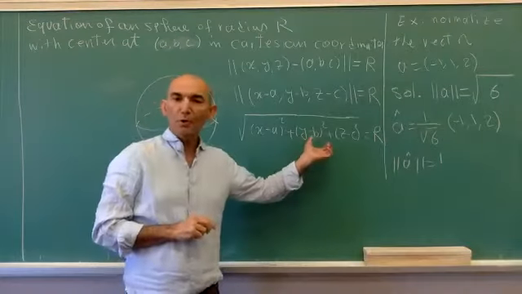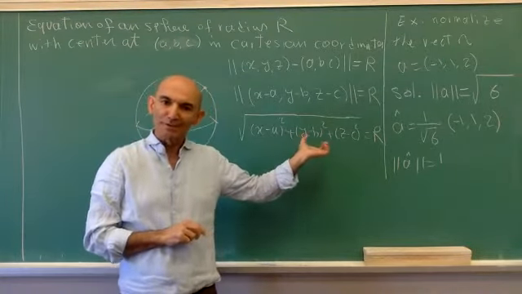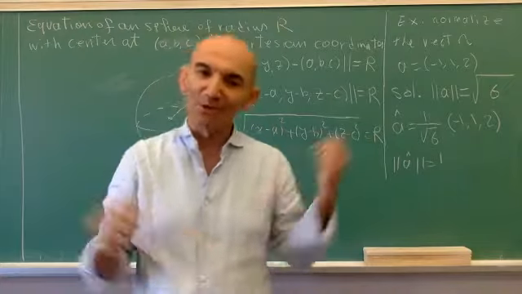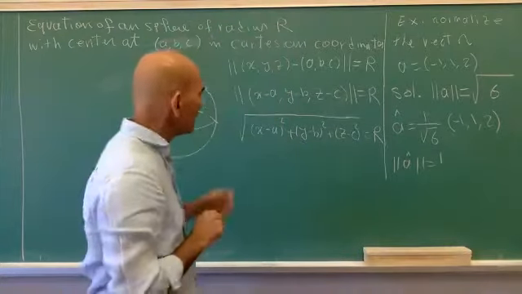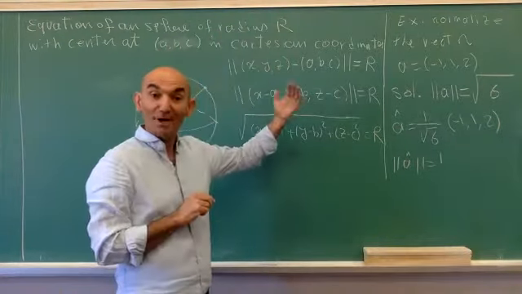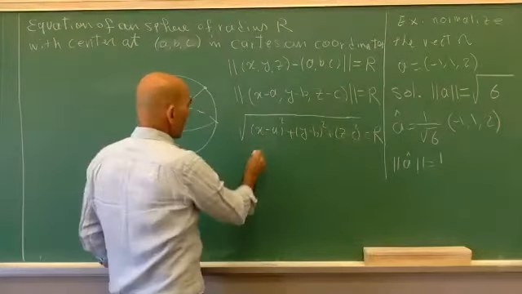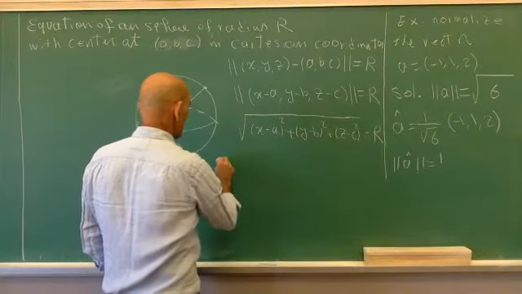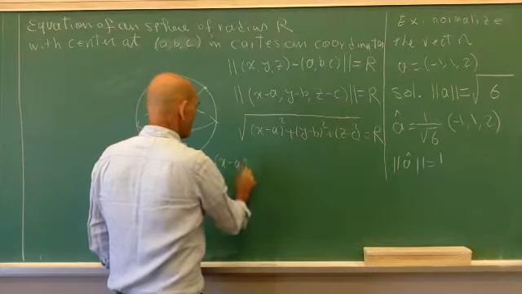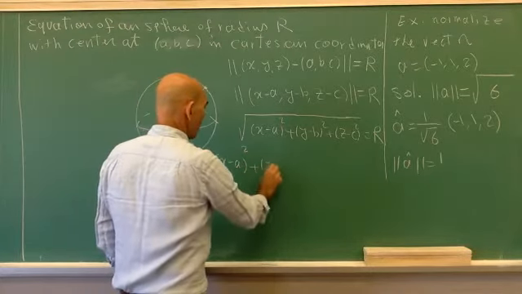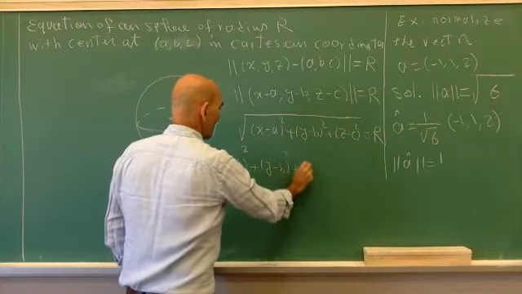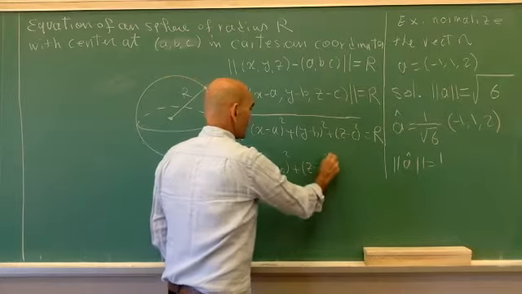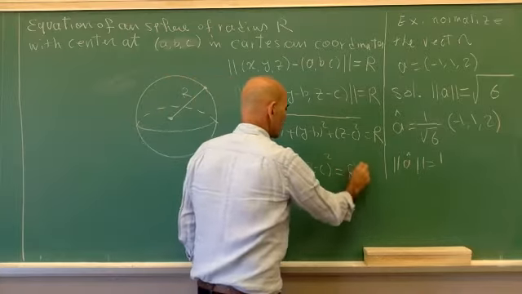Now, we usually don't like square roots. If you can get rid of square roots, it would be very good. So we can get rid of it because we can just square everything, right? So squaring, you get this equation: x minus a squared plus y minus b squared plus z minus c squared equal to R squared.